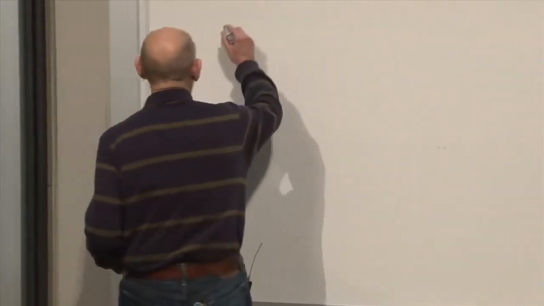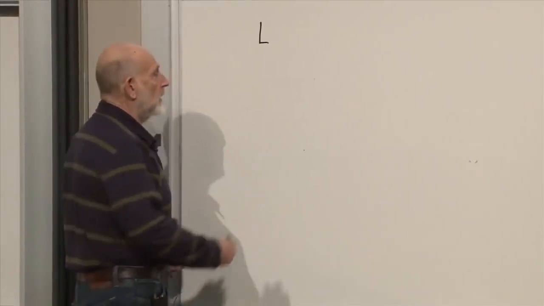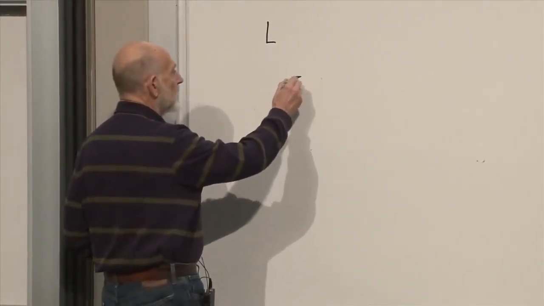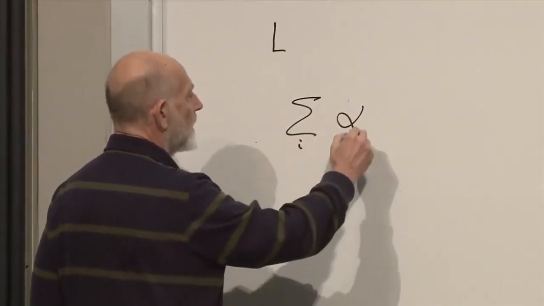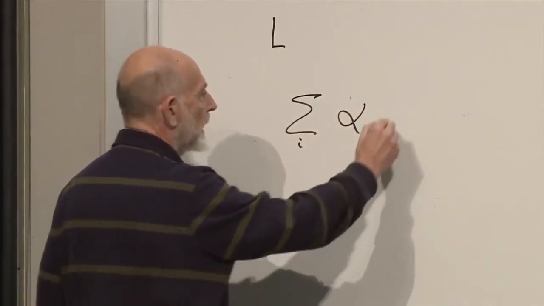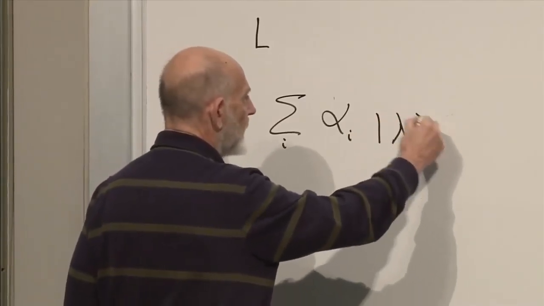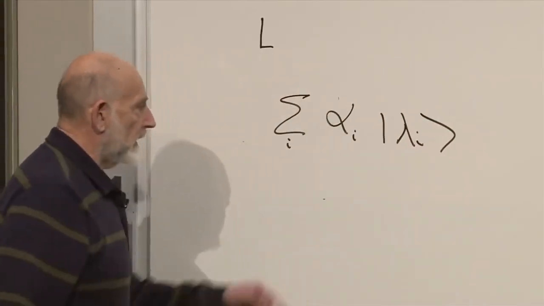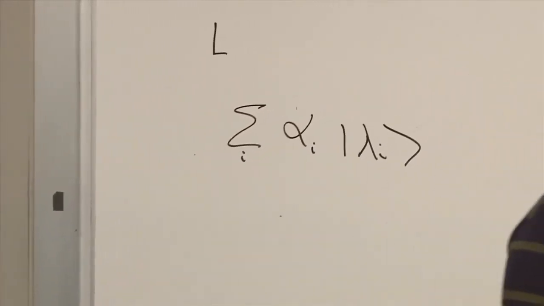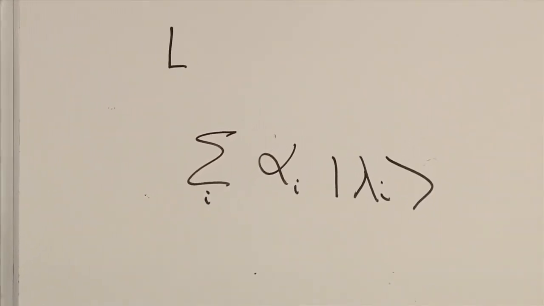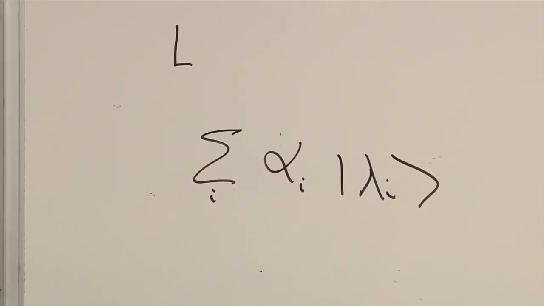So for example, let's suppose we want to measure L. Our system after a while might be in a state, some summation over i of complex numbers alpha sub i times eigenvectors of L with eigenvalue lambda sub i. Okay, what's the probability for the outcome of the experiment?